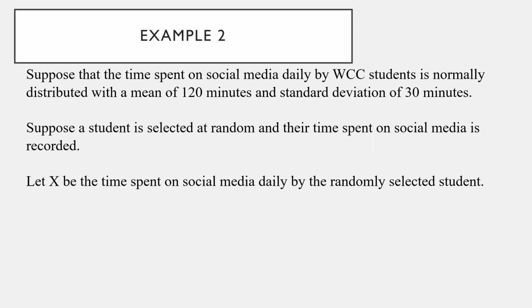Suppose that the time spent on social media daily by WCC students is normally distributed. That's a keyword you're going to look for in these problems. Whenever you see normally distributed, it means it follows the bell curve, and you can use the properties from the previous slide.